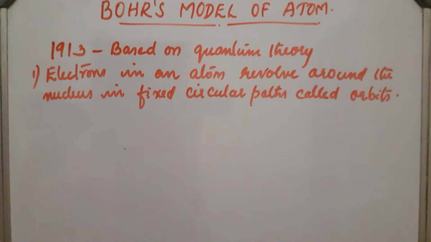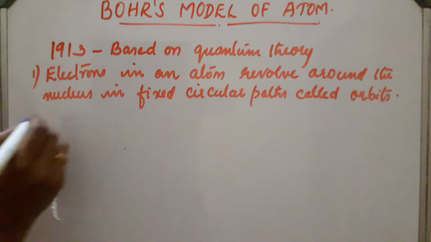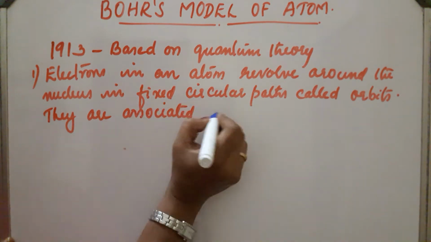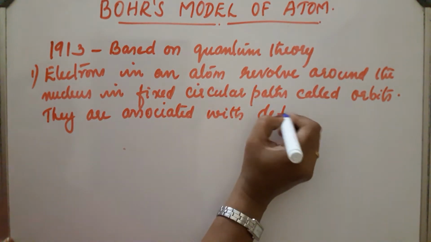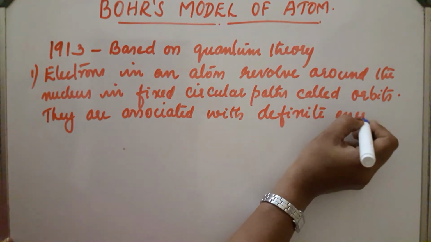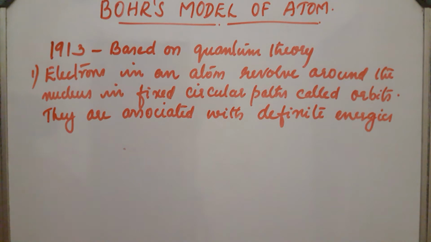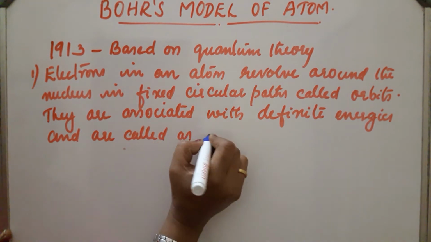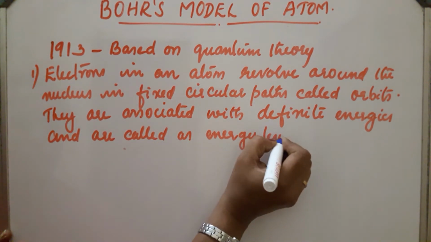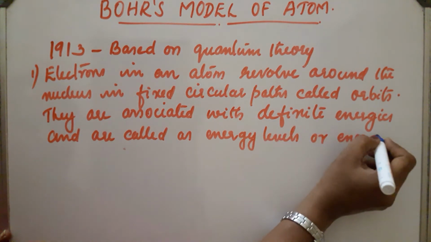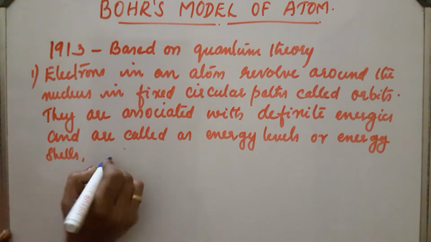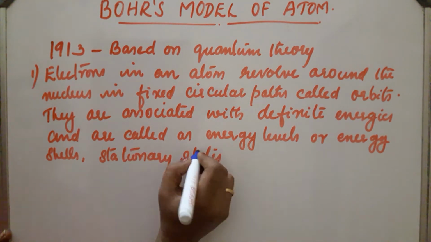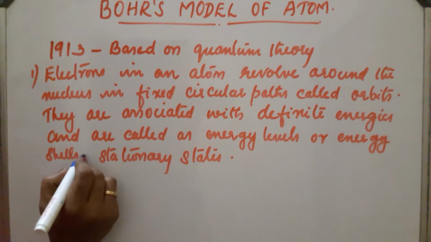They are having definite energies, and these are called energy levels, or energy shells, or stationary states, or allowed energy levels or allowed stationary states. These are the different names of these orbits.